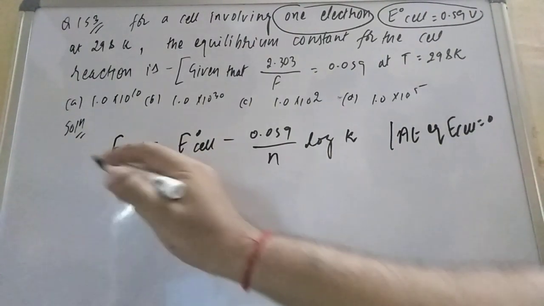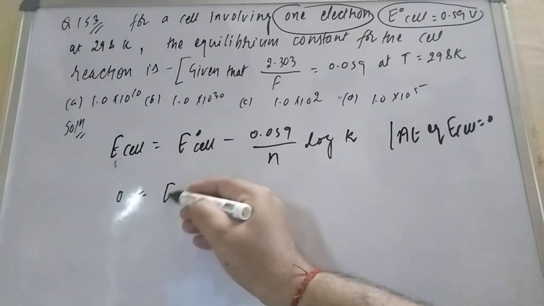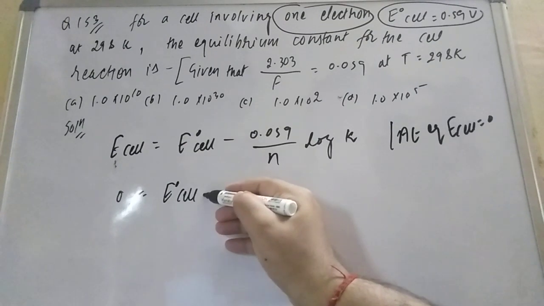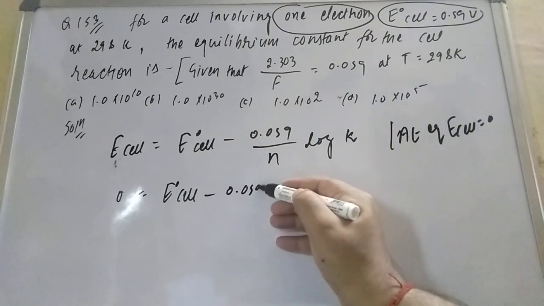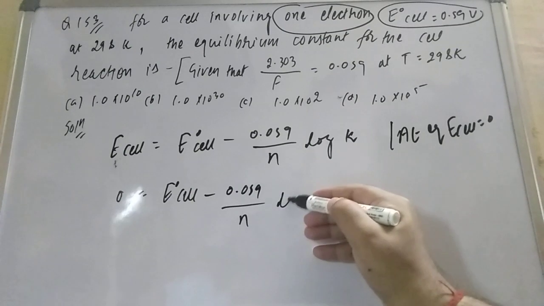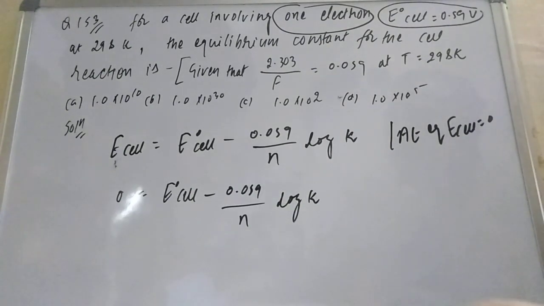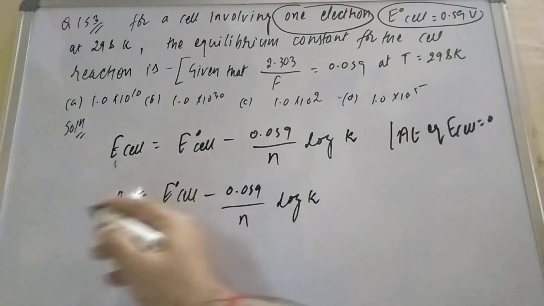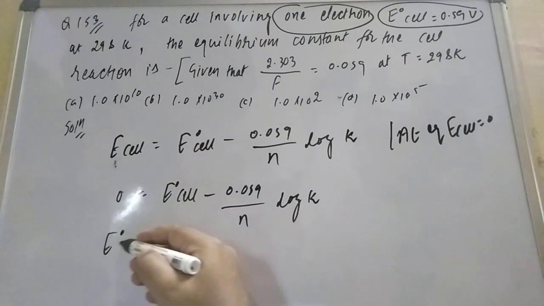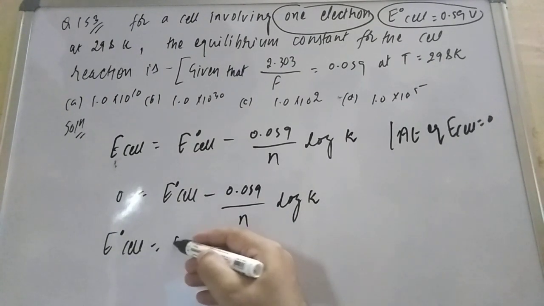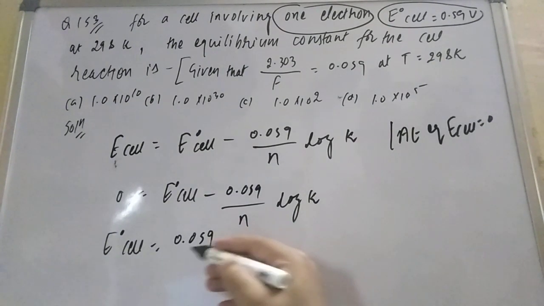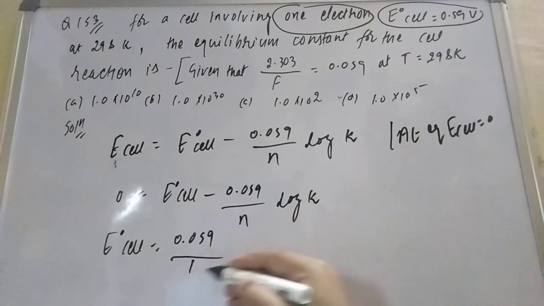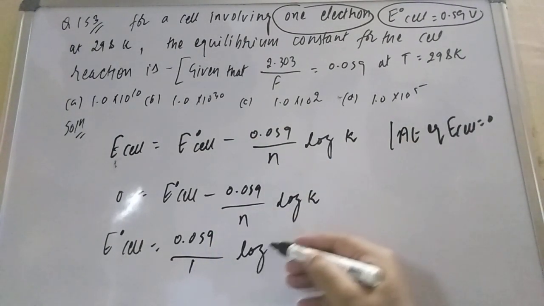So we can write 0 is equal to E naught cell minus 0.059 upon n log K. Since E cell is 0, E naught cell moves to that side, so E naught cell equals 0.059, and for 1 electron, divided by 1, log K.